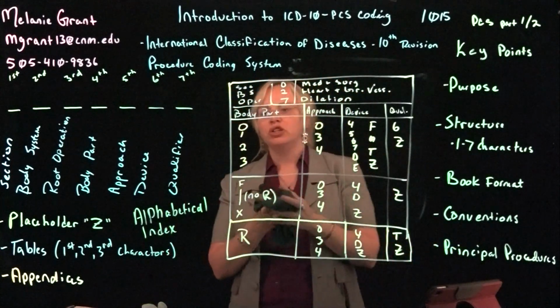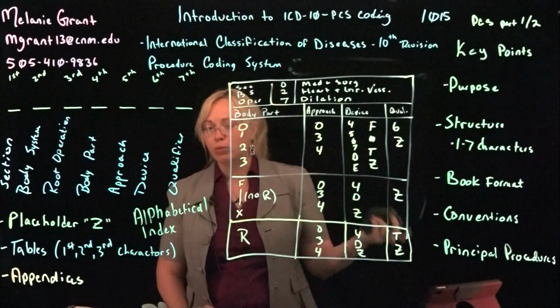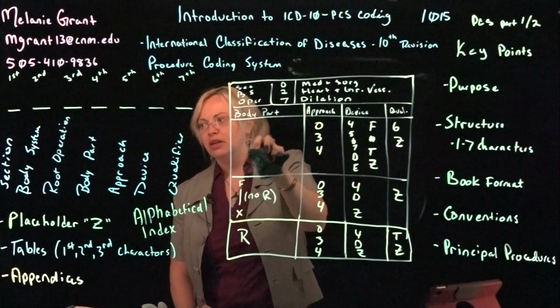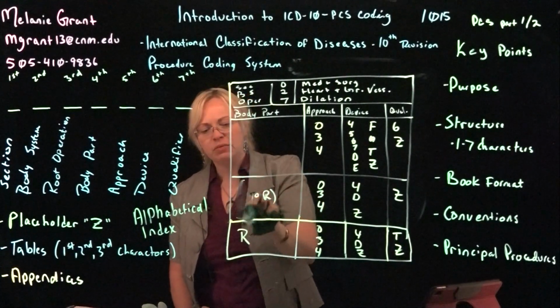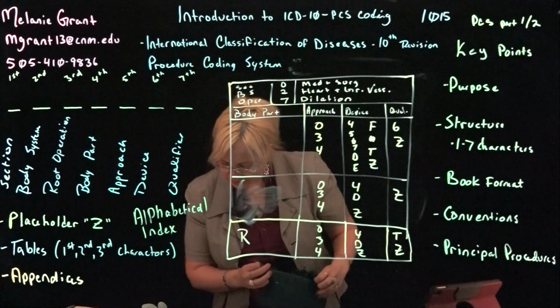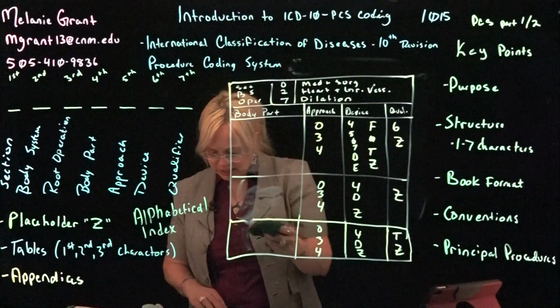Okay, so we're going to change our table here, and we're going to look for the section, which is going to be radiology, so we know it's imaging. The body system that the imaging was done to, well, that to me sounds like it's going to be his lower extremities. It's his knee specifically.